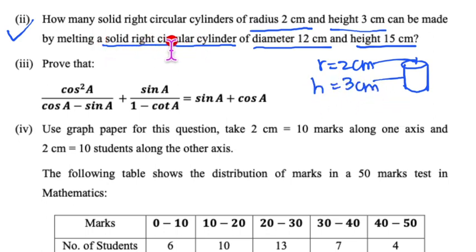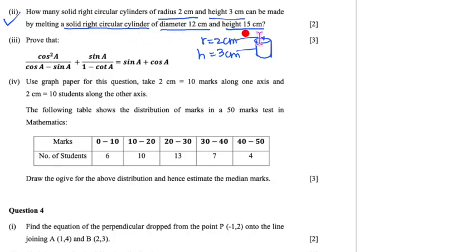Now we are melting a solid right circular cylinder. So solid right circular cylinder, let us show it this way. And for this, diameter is 12 centimeters. So the radius is going to be 12 upon 2 means 6 centimeters, correct?